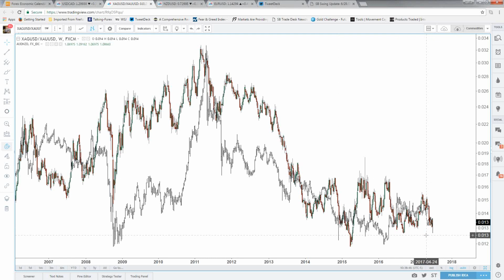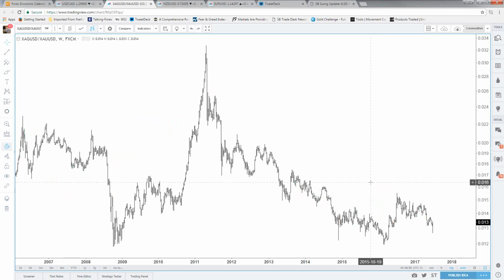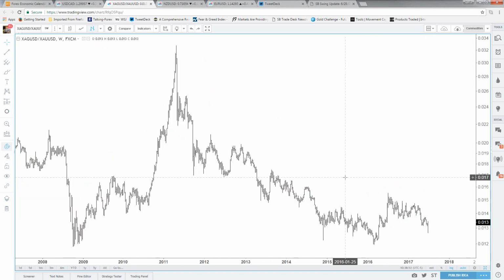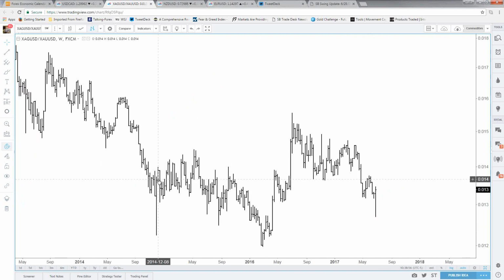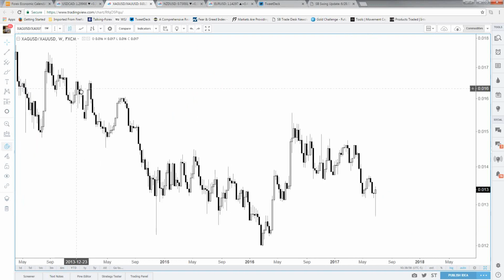It's used for things, right? Gold really is not used for much at all except for store of value and jewelry. So to me, this chart here signals potential massive bullishness, maybe not for gold itself, but silver relative to gold.